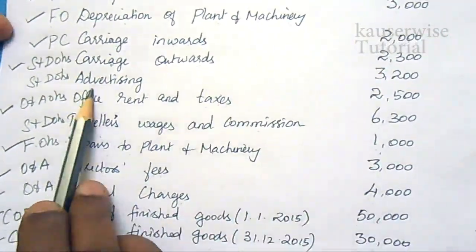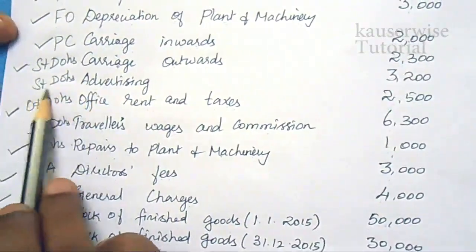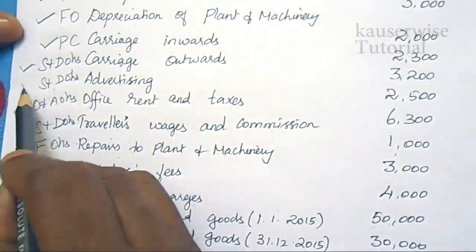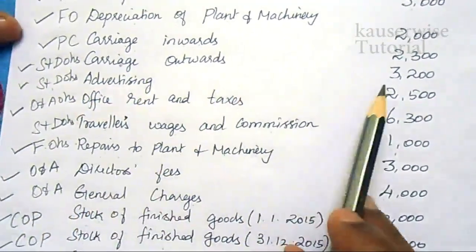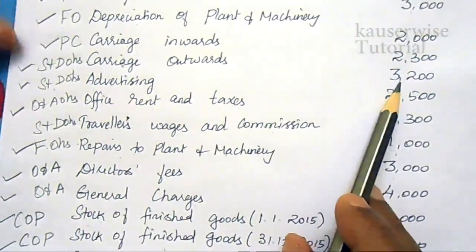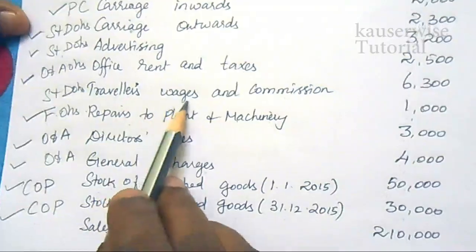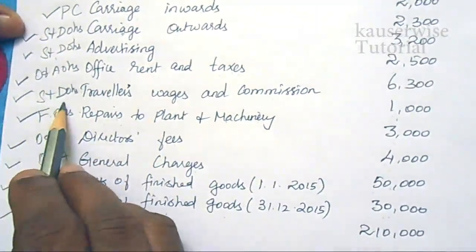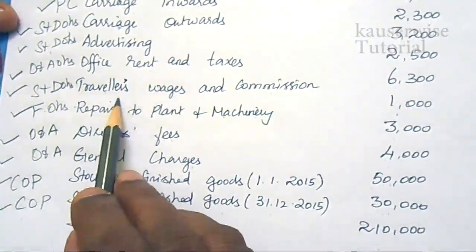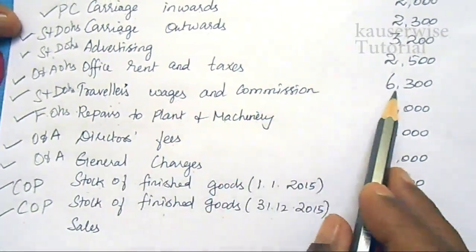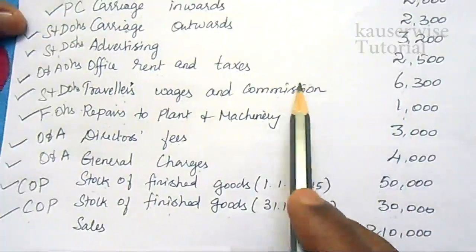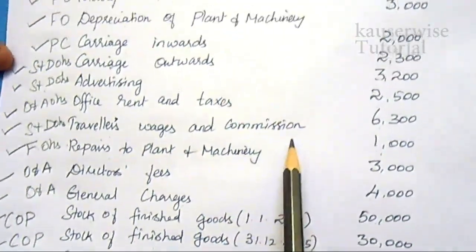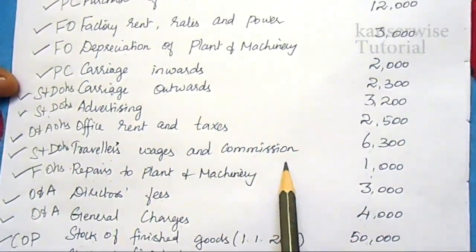Next one, advertising also comes under selling and distribution overheads, 3,200. Next one, travelers wages and commission, 6,300. These are the three items which come under selling and distribution overheads.